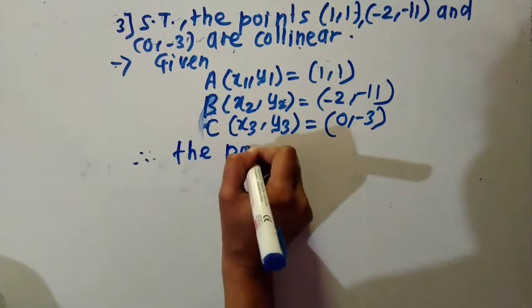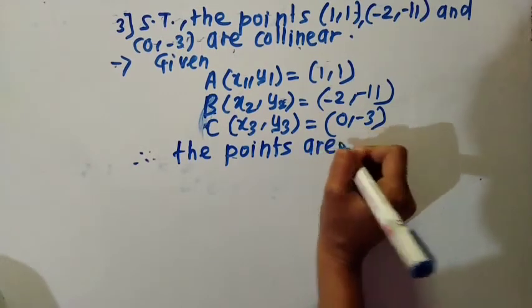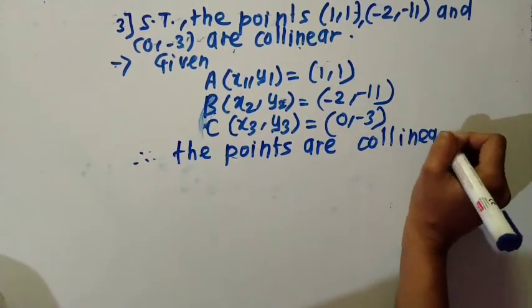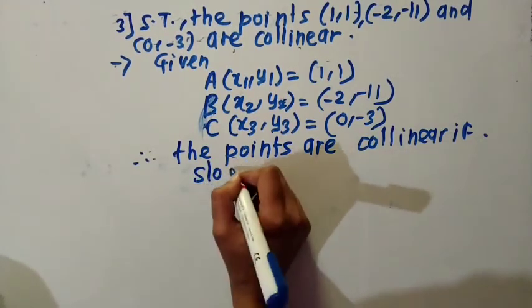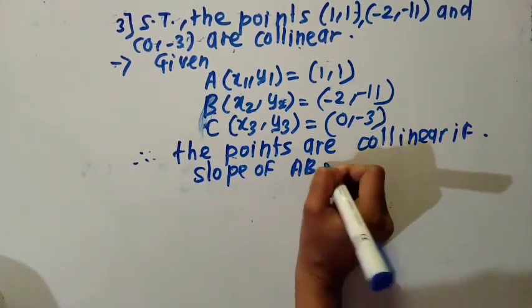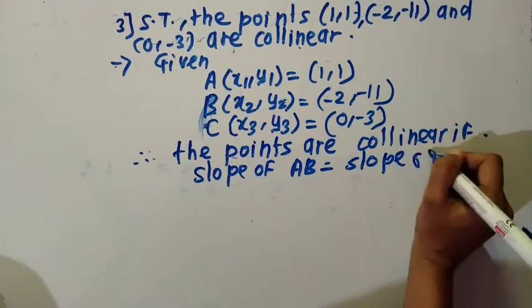The points are collinear if slope of AB is equal to slope of AC.